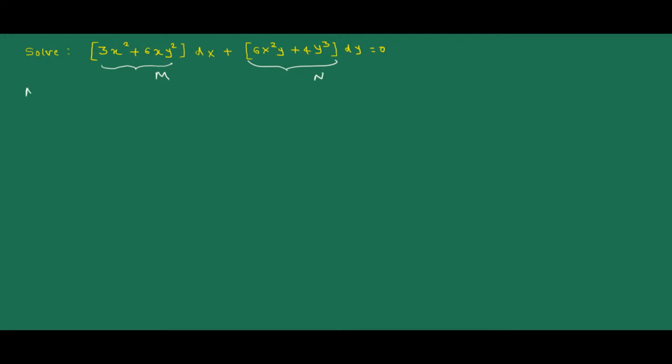So M is equal to 3x² + 6xy² and the N value is equal to 6x²y + 4y³.